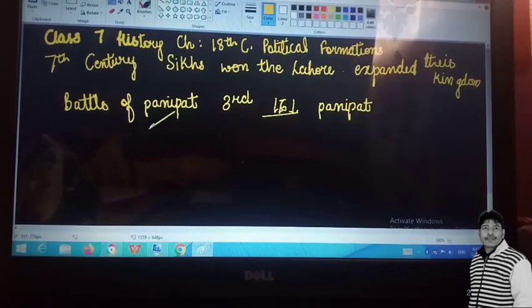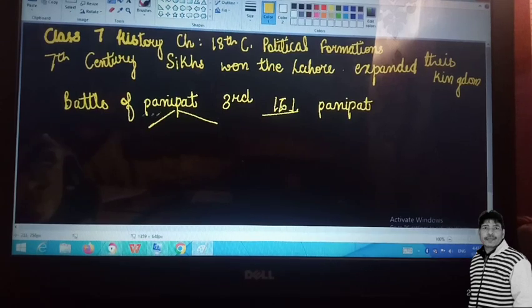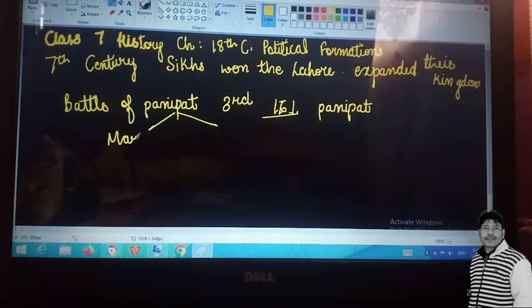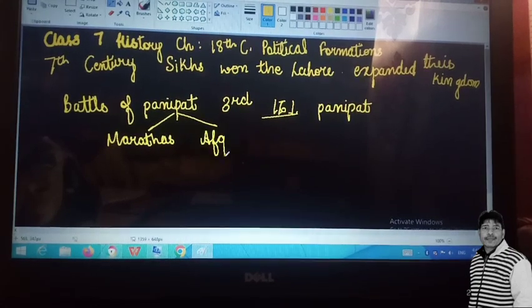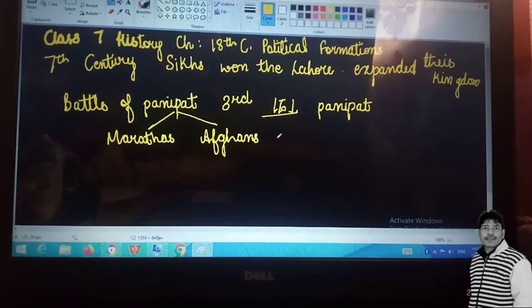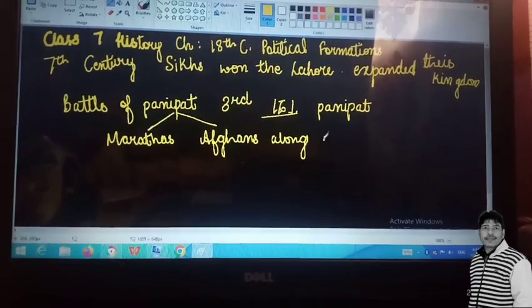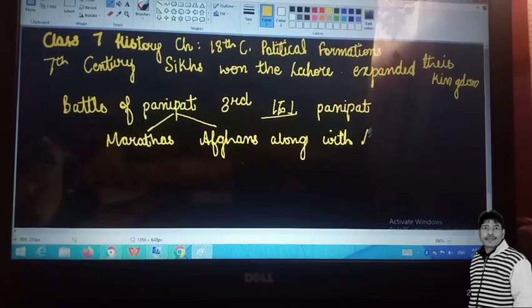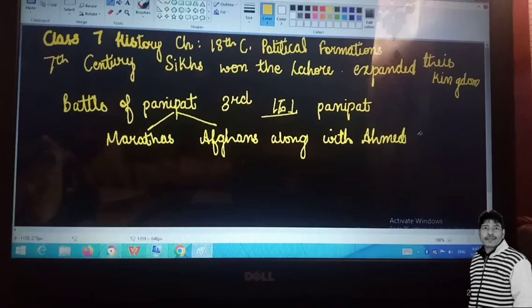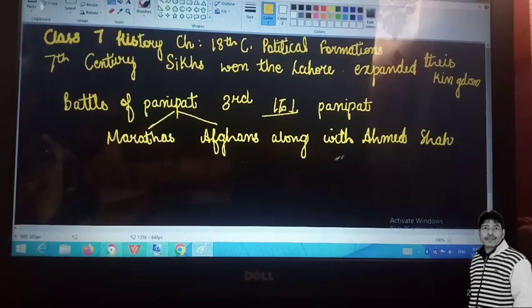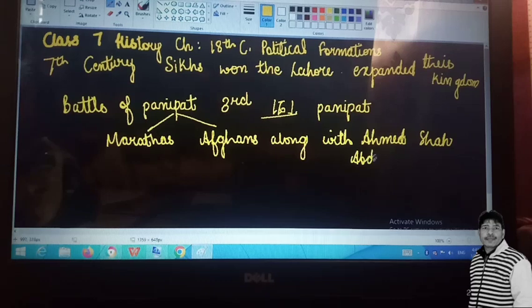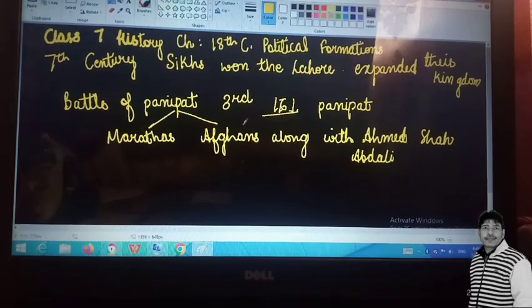In this battle, we have two opposing forces, which were the Marathas and Afghans with Ahmad Shah Abdali. The final result of this battle was that Ahmad Shah Abdali conquered the Marathas and he expanded his kingdom.